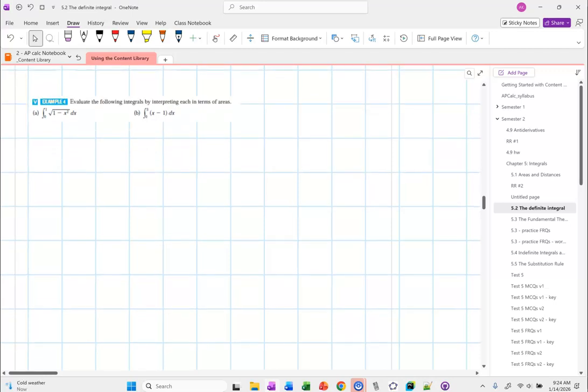It says evaluate the following integrals by interpreting each in terms of areas. So we've seen that when I want to do that limit of Riemann sums and use the summation formula, it's an incredible hassle, right? There's certain situations though where geometry becomes our friend.